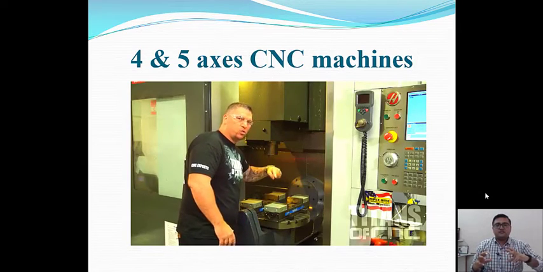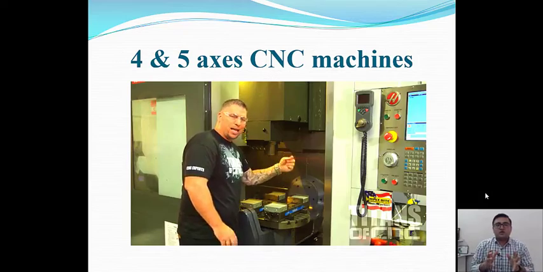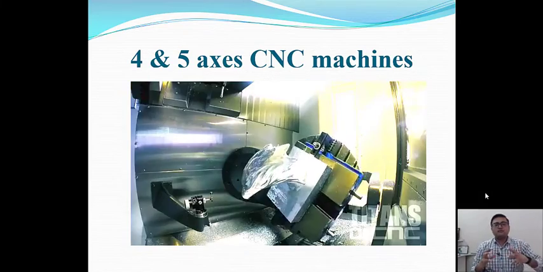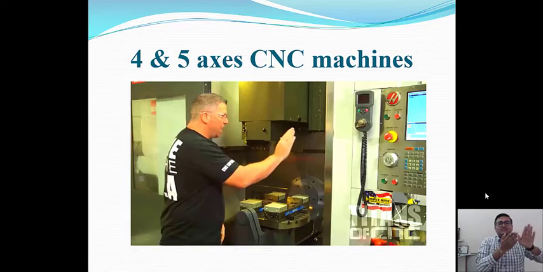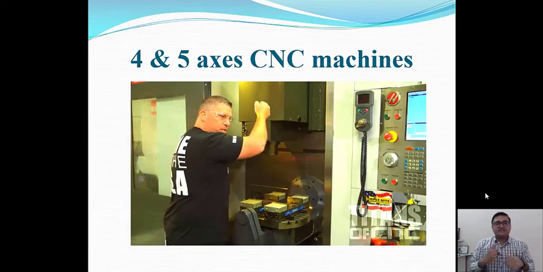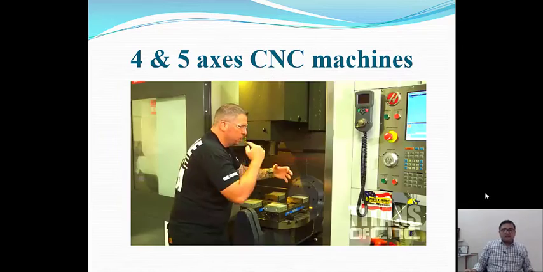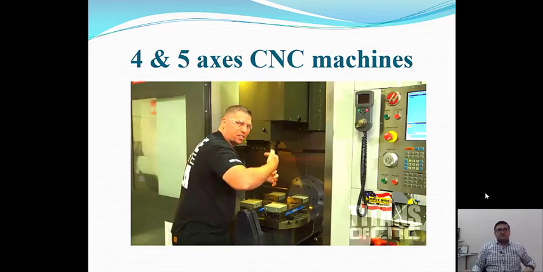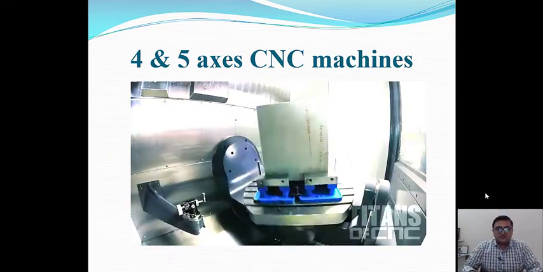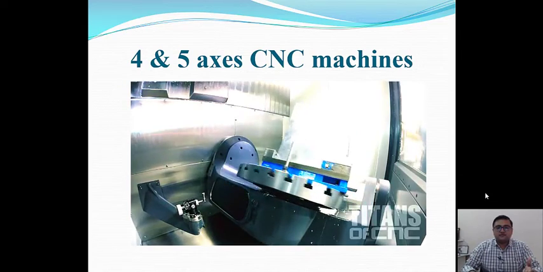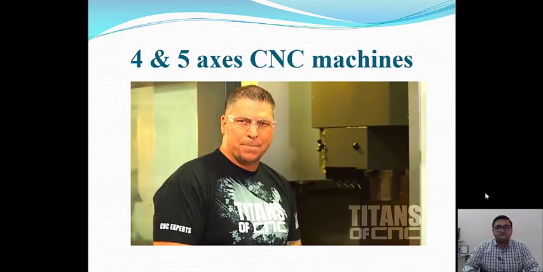Not only can the workpiece move in clockwise and anti-clockwise direction, but also the workpiece can move in the Z direction with some swing. So that is another advantage or another update in the CNC machine, which is called a 5-axis CNC machine. See that beauty of this engineering.